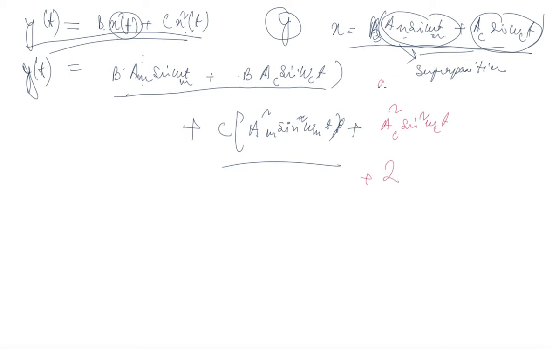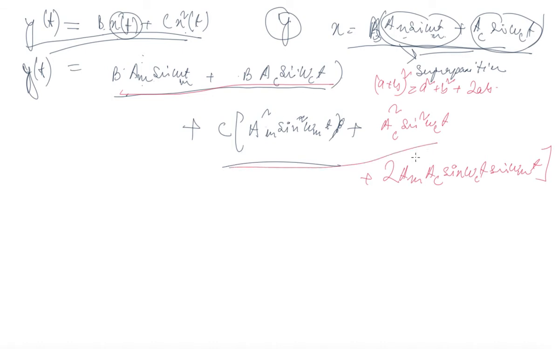That is, we are using the (a plus b) whole square formula, which is a square plus b square plus twice ab. So this becomes Am into Ac sin ωc t into sin ωm t. So this is our complete result, this part and this part. This is what we get for y(t).